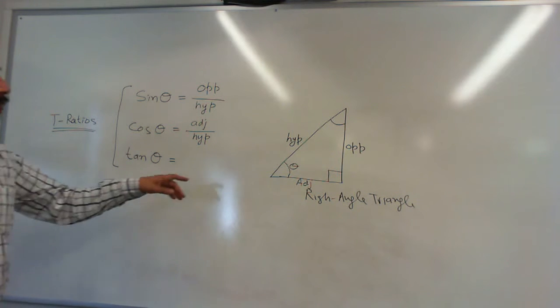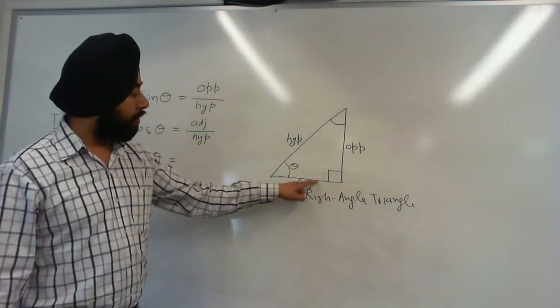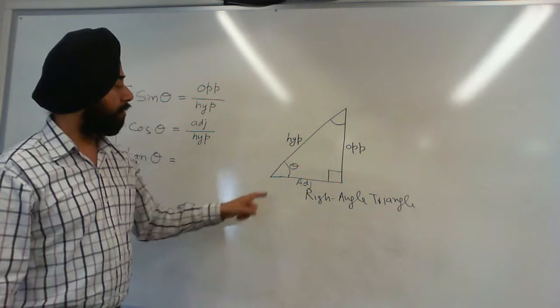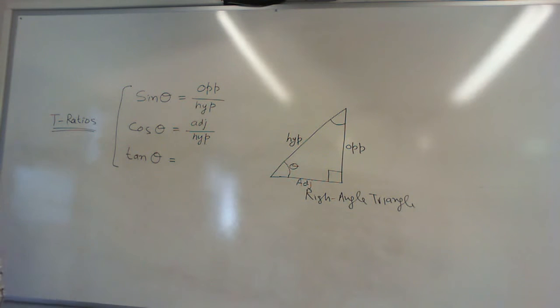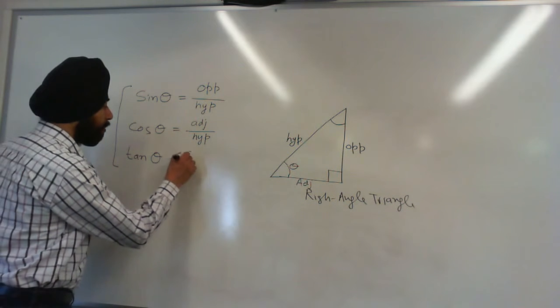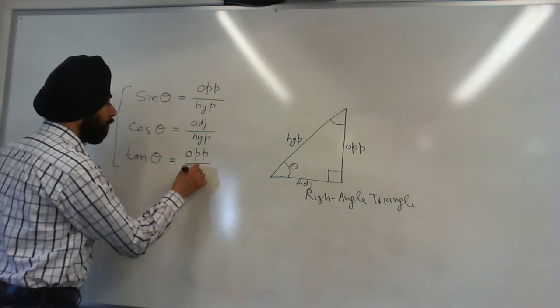So if you want to find cos of this angle, cos theta, that will be this side, adjacent, divided by this side, hypotenuse. And similarly, the third t ratio, tan theta, is defined as opposite divided by adjacent.